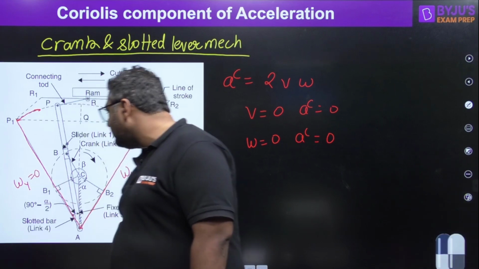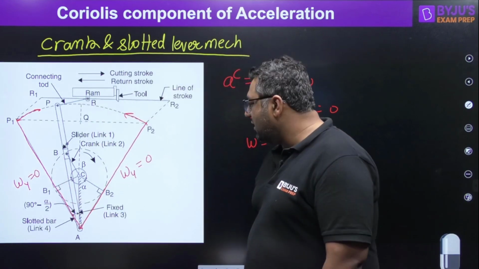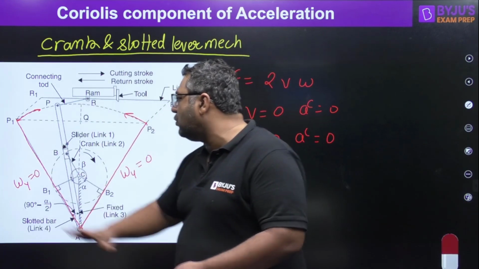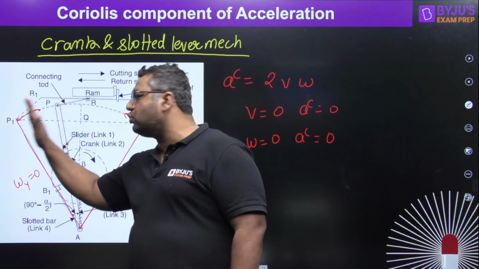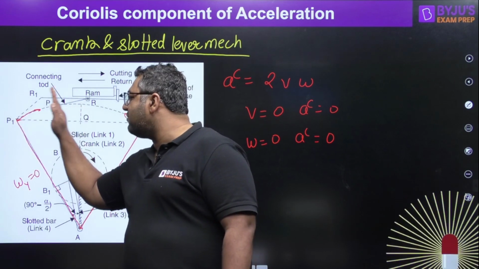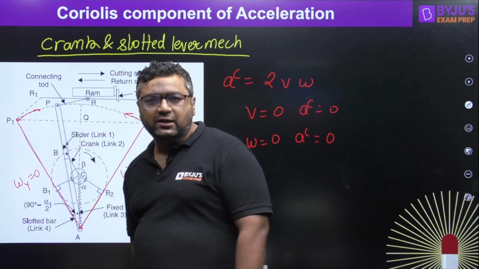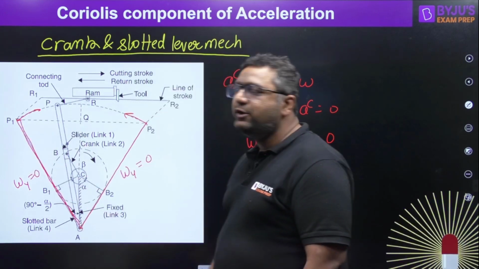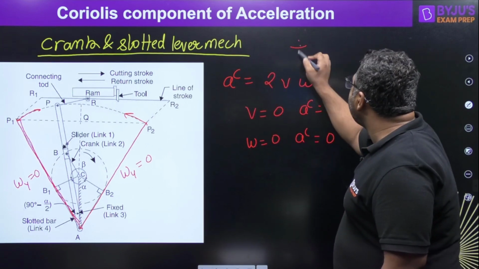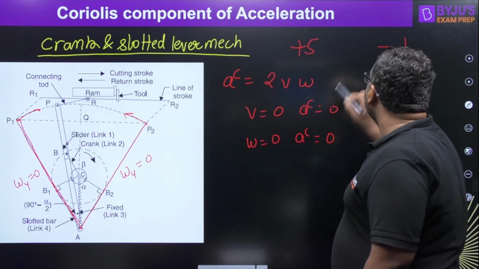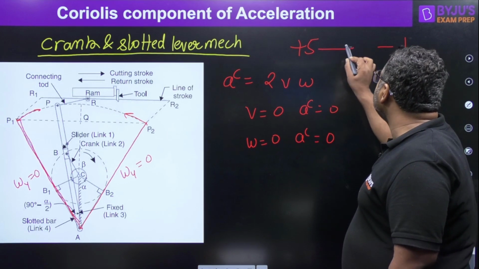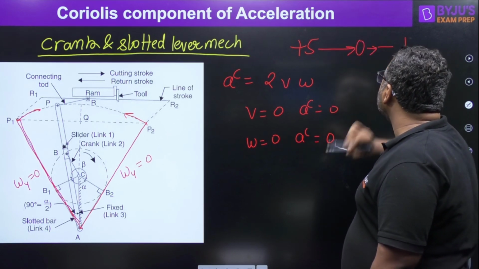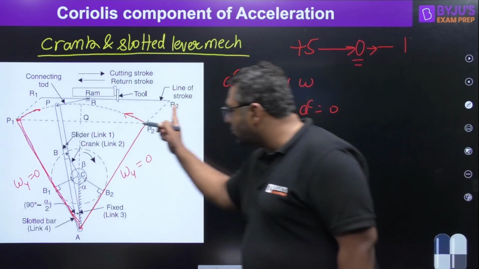The slotted bar is link number 4. So at this position the slotted bar is going to change the direction of motion. So here the velocity will be 0, because whenever a velocity direction is changing, at the point where the direction changes, the velocity is going to be 0. When plus 5 becomes minus 1, in between it will reduce to 0 first, and only then can it go to minus 1. So that is the instant when angular velocity is 0.